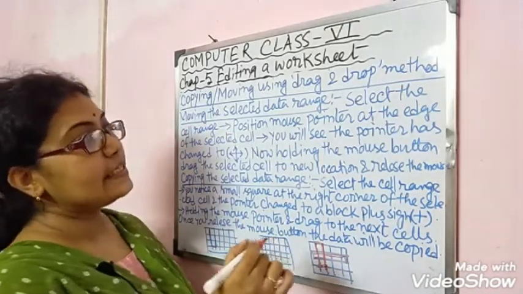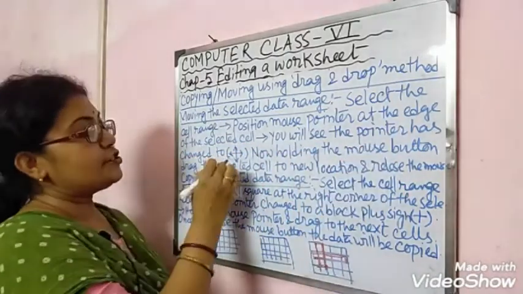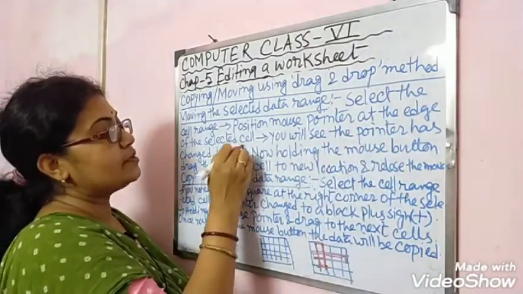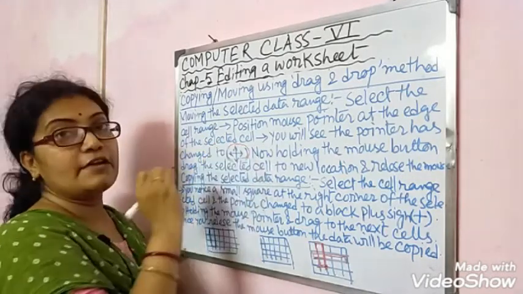Here we can see the mouse pointer has changed into this particular sign: up arrow, down arrow, right arrow, left arrow.